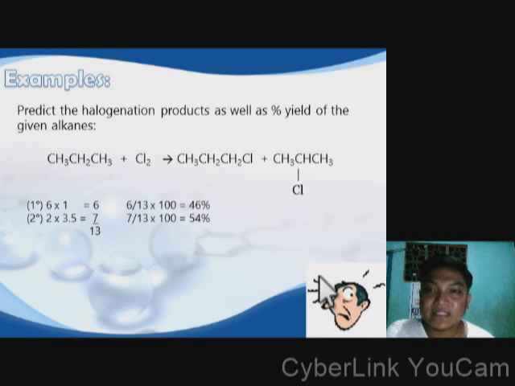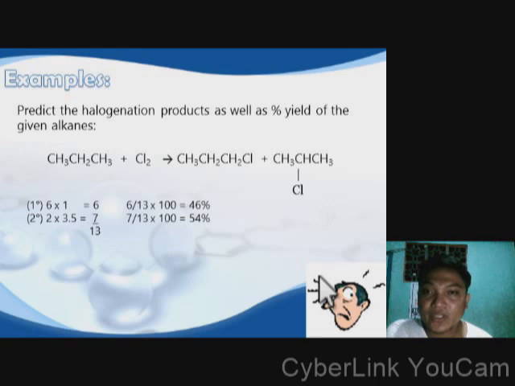Kapag secondary, that is your 3.5 sa chlorine, di ba? Sa chlorine. Okay, so meron tayong 13. So, 6/13 times 100, that's 46%. Yung sa secondary, 7/13 times 100, 54%. Okay, so where did you get that, sir?